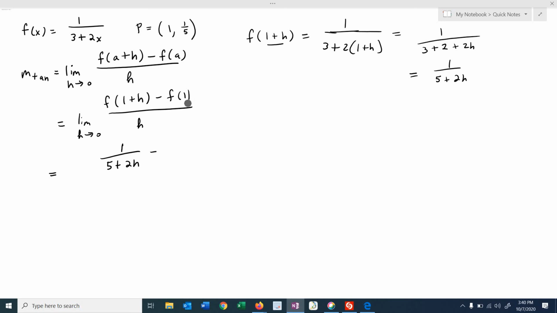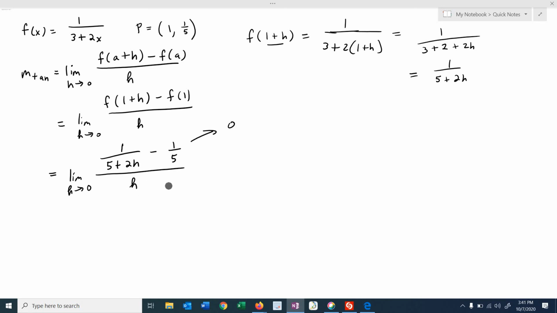Okay, minus f evaluated at 1, which again, if you plug a 1 into here, you get 1/5. And all that is divided by h, and we're going to find the limit of that as h goes to 0. If you try to evaluate this limit using substitution, notice that you get 1/5 minus 1/5 on the top, which means it's approaching 0.